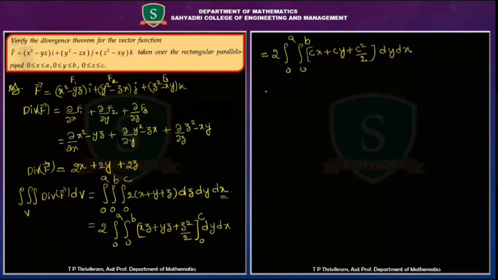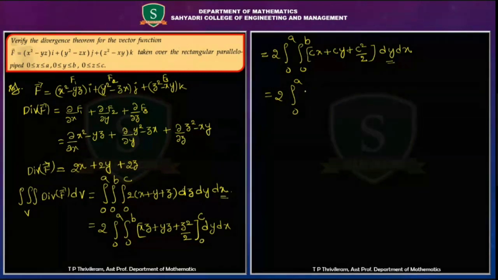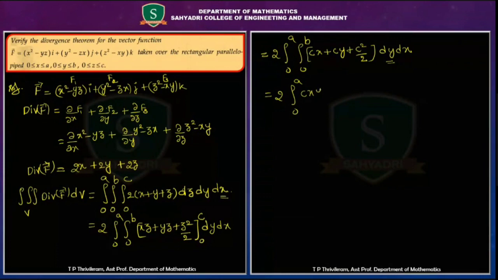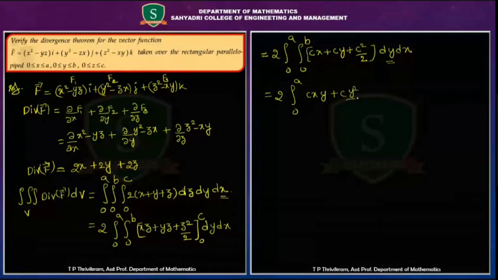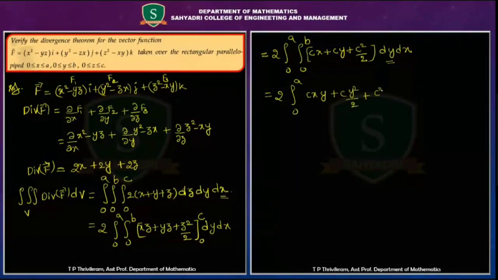Okay. Now second integral is y. So integrate with respect to y. How much you'll get? Cxy plus cy square by 2 plus c square by 2 into y. Limits are from 0 to b dx.